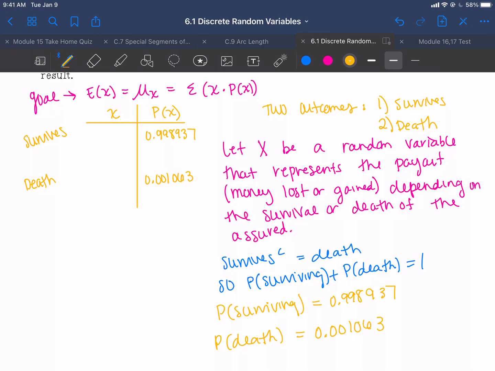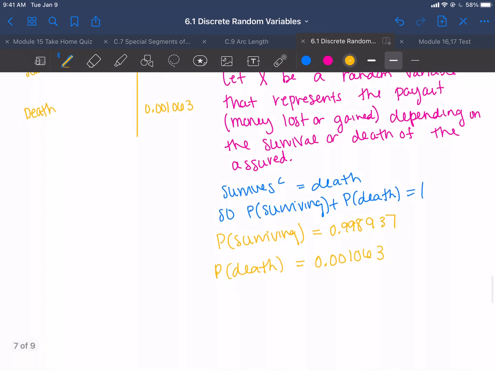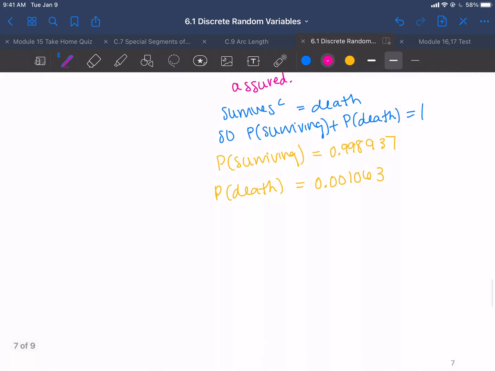So now we need to determine what our possible payouts are. What are the possible X values when a person survives or when there is death? So if you think about this, if the male survives the year, then the company profits $350 because the male paid $350 for the life insurance, didn't die, so they just profit the $350.